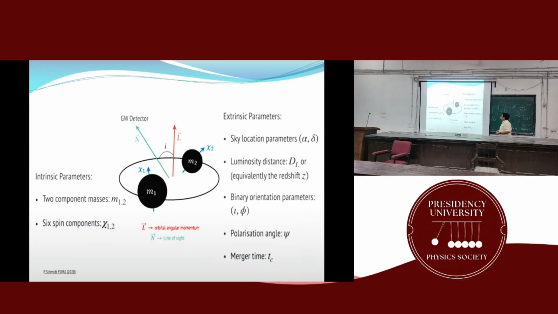So going to the real data strain we are using here, for two black holes of different masses, there are two intrinsic parameters, the two component masses m1 and m2, and six component spins for each of the binary, and we have other extrinsic parameters: sky location, luminosity distance, binary orientation, polarization angle, and merger time.